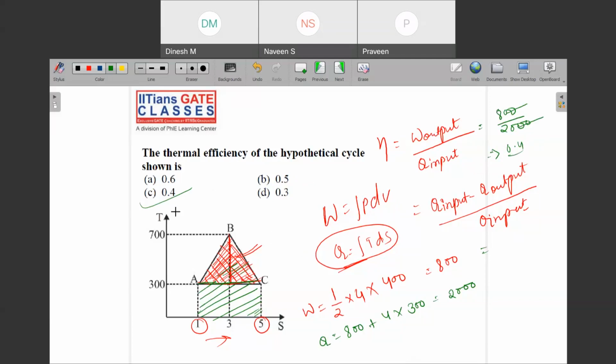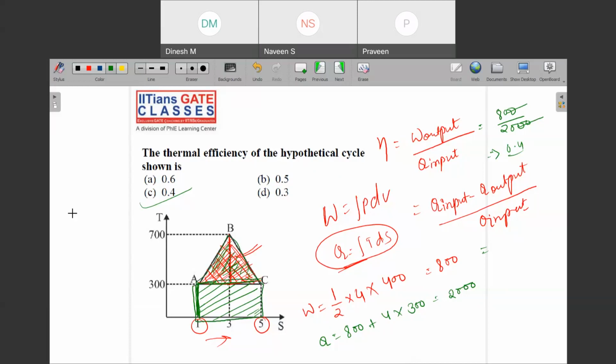What I was trying to help you understand is that the area enclosed will give you the work, but the total area on the axis is giving you the total heat interaction.